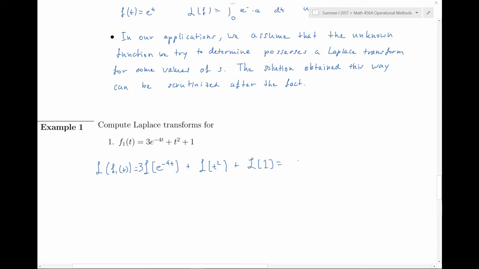Well, this becomes 3 over s plus 4, because that's what the Laplace transform of e to the minus 4t is, plus 2 over s cubed, plus 1 over s.